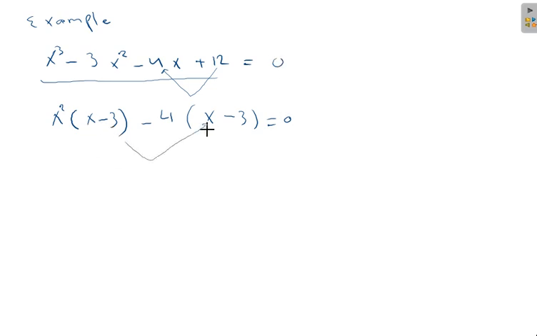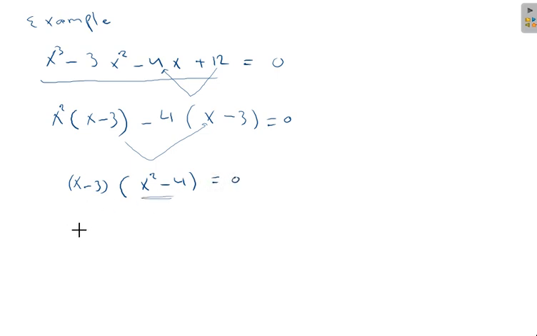Now I have another common factor, which is x minus 3. I'm trying just to factorize to find it, or to write the equation in terms of a product of multiple factors equals 0. So x minus 3 is a common factor, x squared minus 4 equals 0.